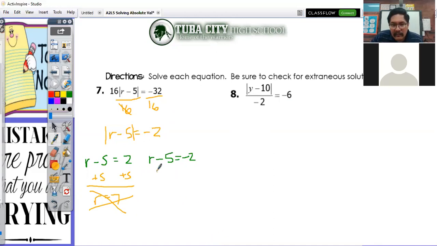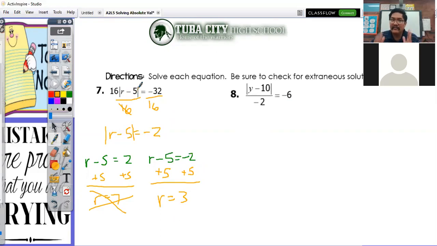Okay, well maybe we could still save this one. Maybe we could have one of these. R equals, and then 5 minus 2. So 5 minus 2 is going to be 3. So plug 3 in and let's see if this works out. So 3 minus 5 is going to be negative 2.